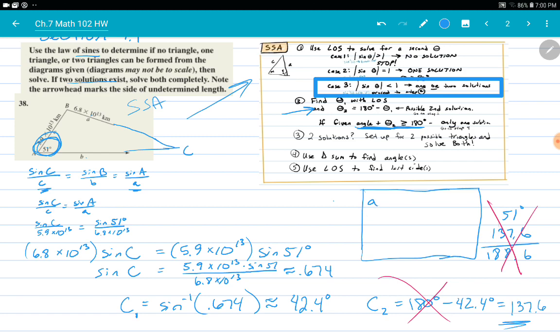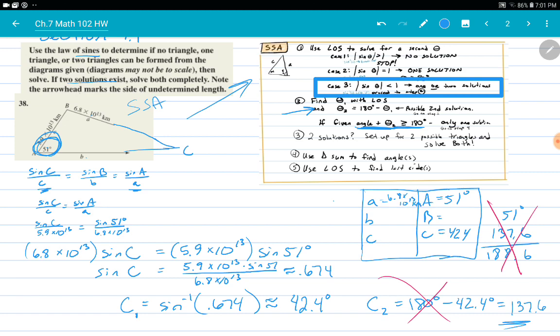So I have side A, side B, side C, angle A, angle B, angle C. I have angle A is 51, angle C is 42.4, angle B is to be determined. Side A is 6.8 times 10 to the 13th kilometers.